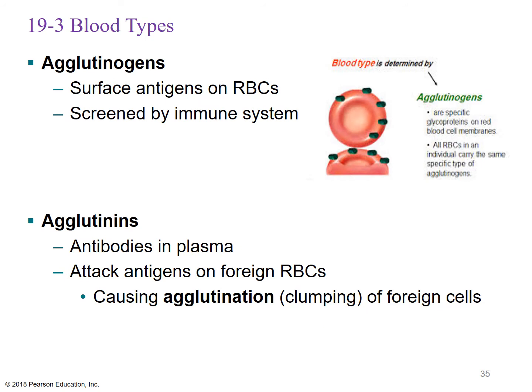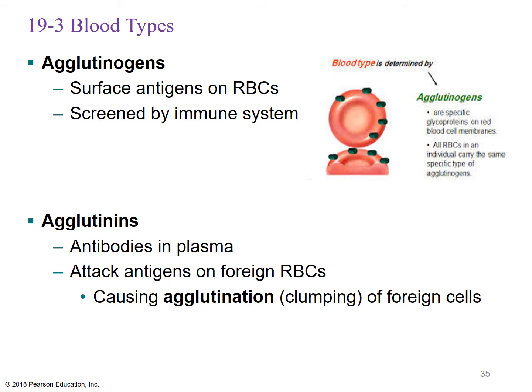As we're looking at the surface antigens on the red blood cell, we can call these things agglutinogens. So think about that last 4 letters in that word, gens. Agglutinogens, antigens. So we're talking about the same thing, okay? Agglutinogens are the surface antigens on the red blood cell.